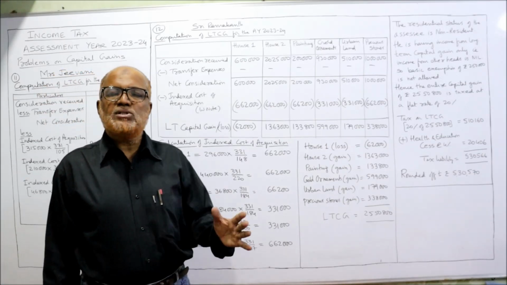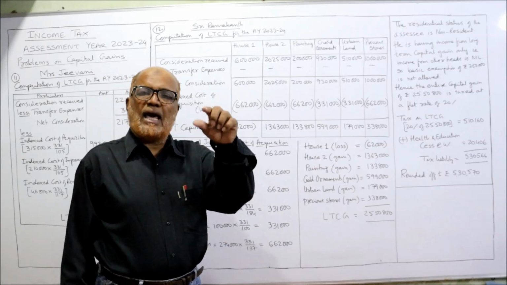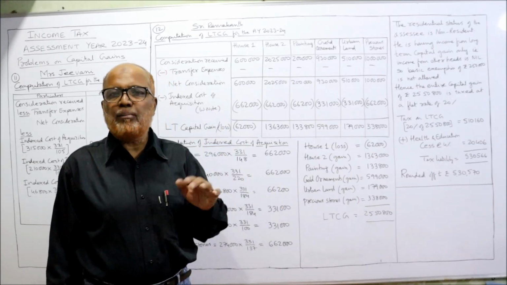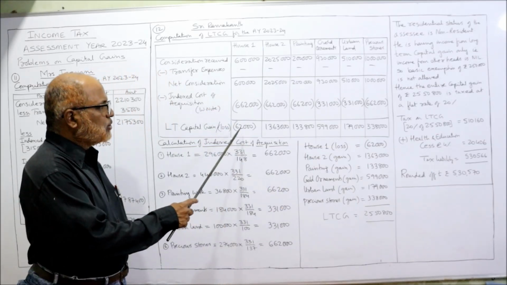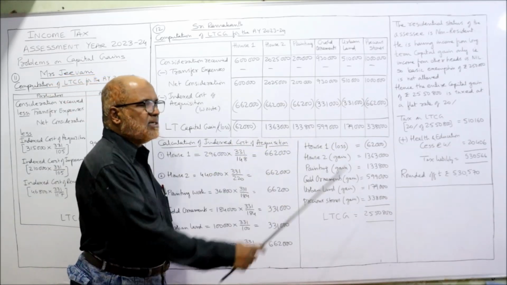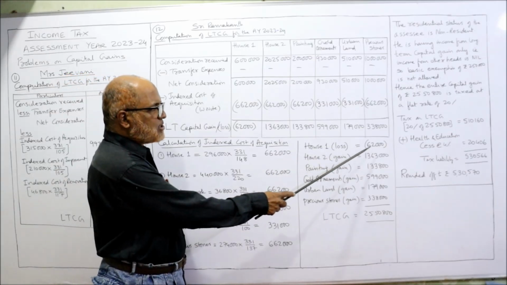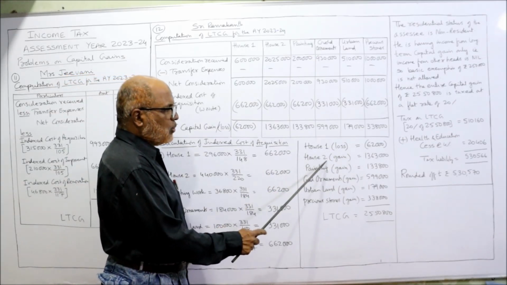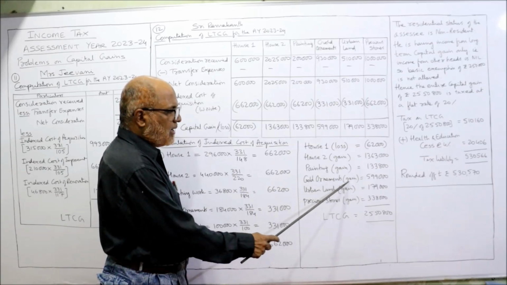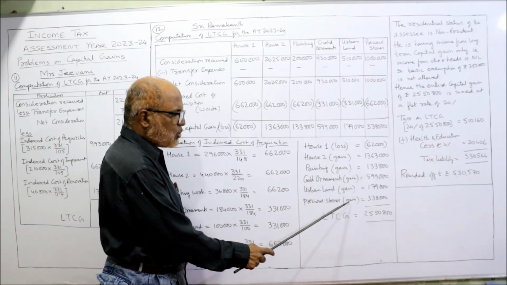According to the provisions of the Income Tax Act, capital loss can be set off from capital gain. So this 62,000 can be deducted from all these capital gains. House number 1 has a loss of 62,000; house number 2, painting, gold ornament, urban land and precious stones have gains.